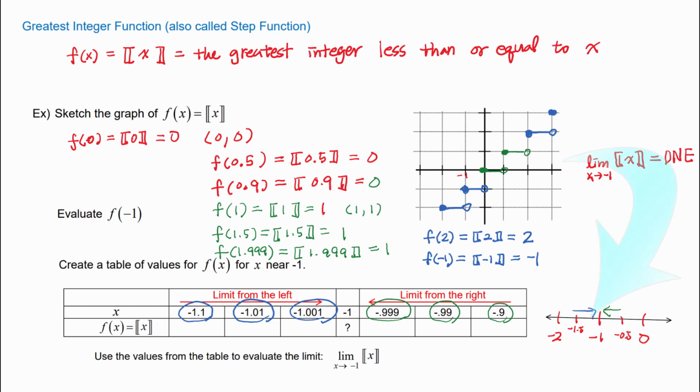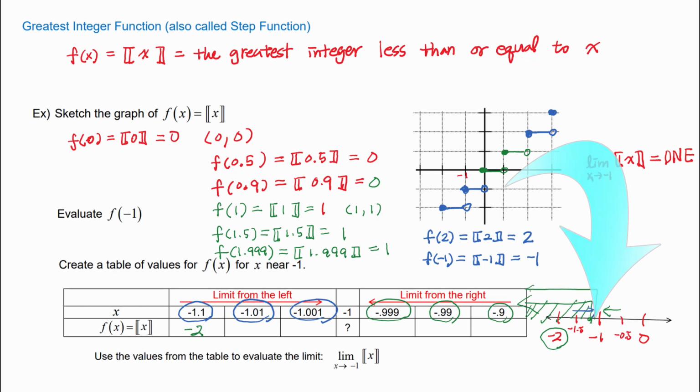So when you plug it into your function, remember, what is -1.1? It's here somewhere. What is the greatest integer less than or equal to this number? What's the greatest integer you see? That will be this number, the closest integer from this shaded region. So that will be -2. What about when x is -1.01? It's still on the left-hand side of -1.